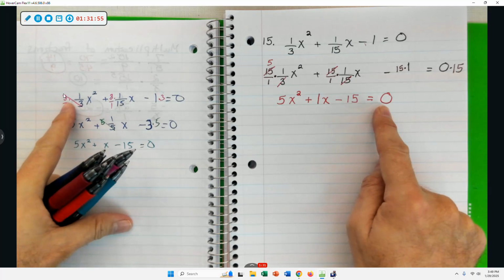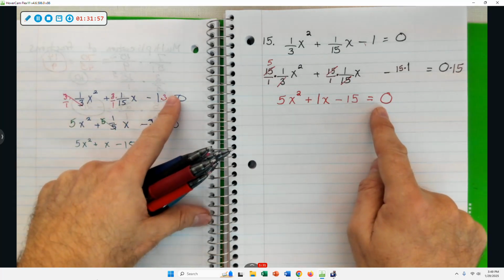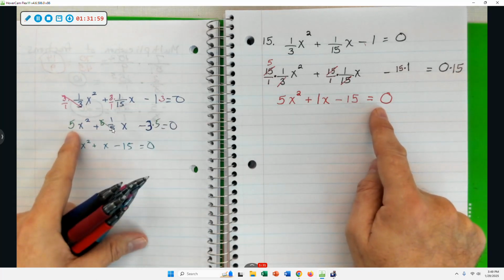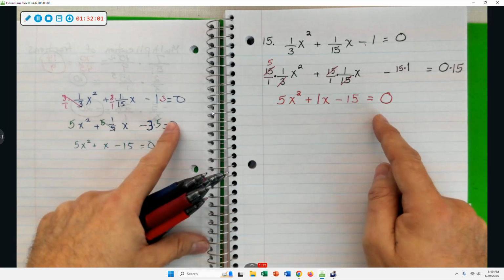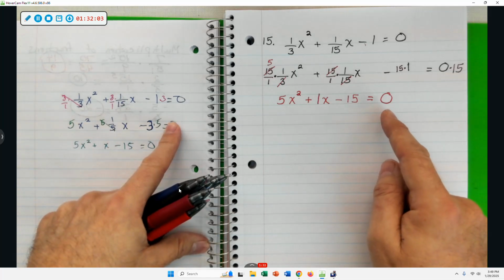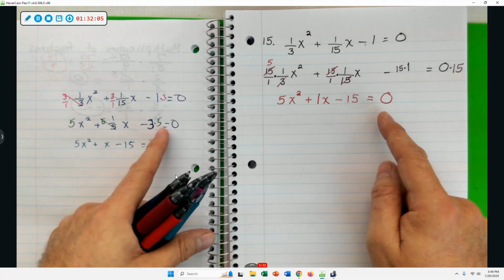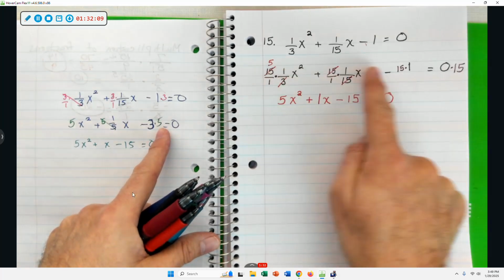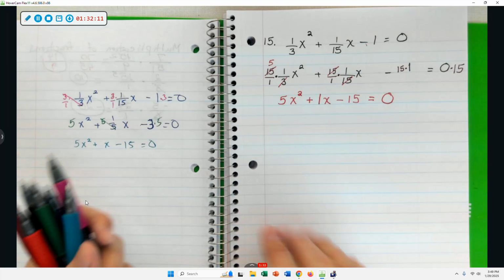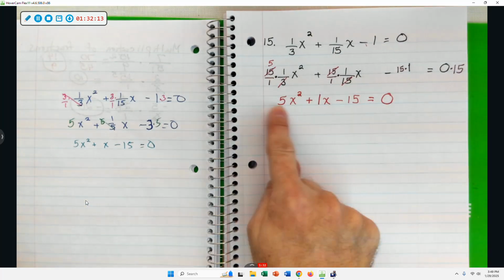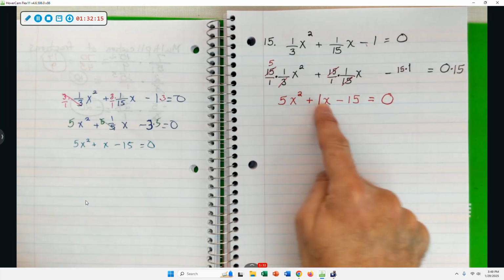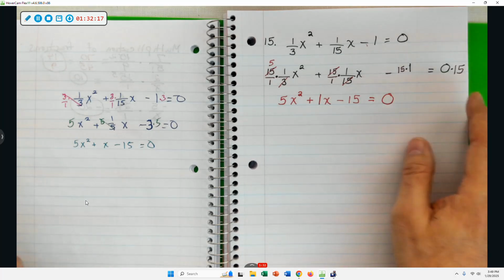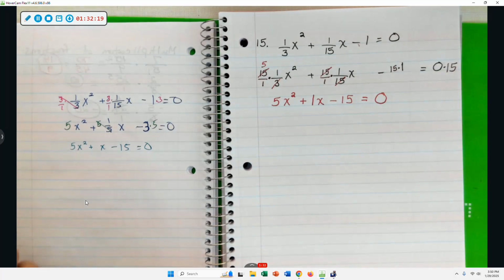Gibby's method of multiply through by the first denominator. Then if there's another denominator, multiply through by that. So he multiplied by 3 and multiplied by 5. Multiplying by 3 and 5, isn't that the same thing as multiplying by 15? Now do we have something that's pretty easy to work with the quadratic formula? I sure think so. I'm doing another problem after this, okay.